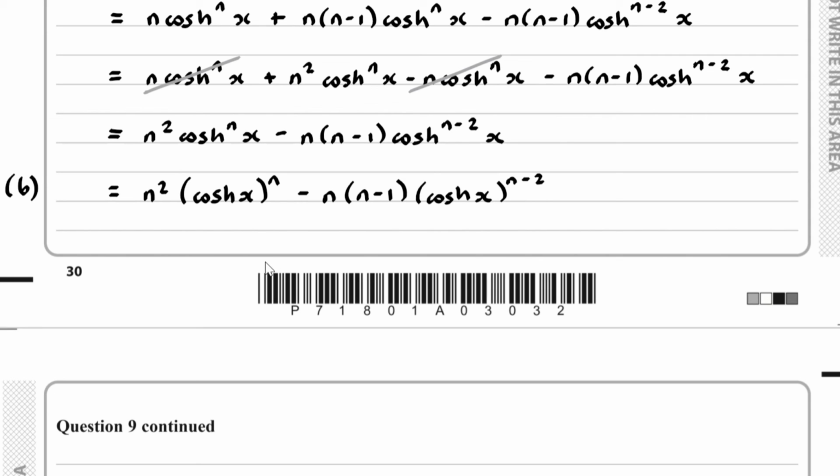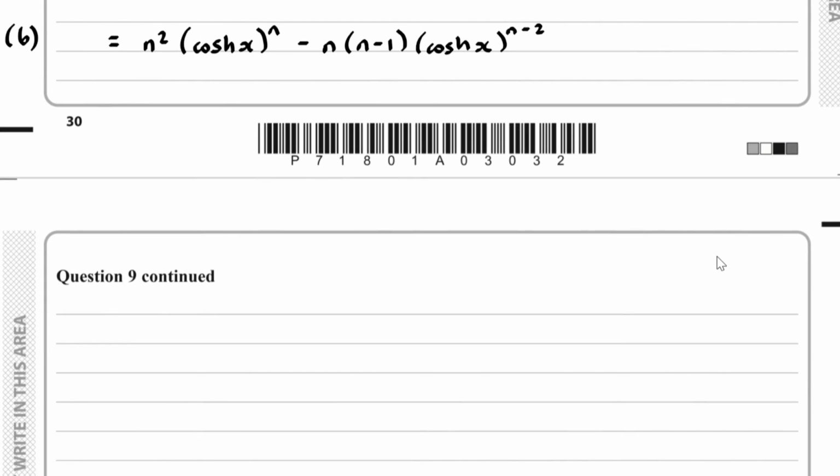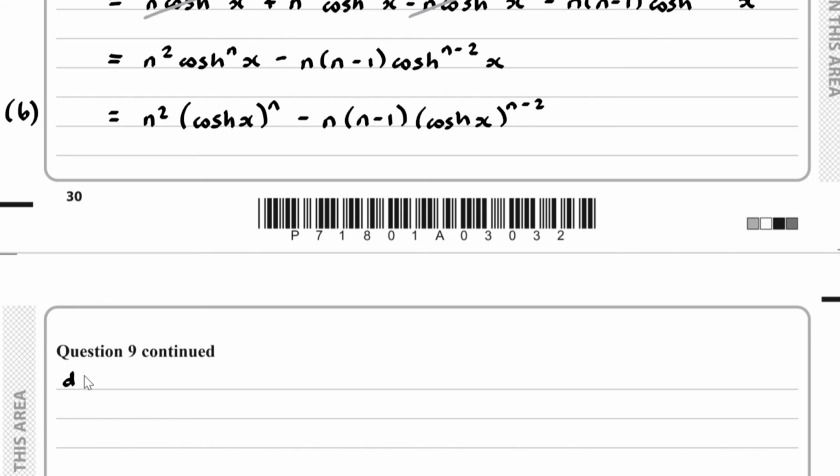So what I need to do now is differentiate this, and so if we differentiate, well, d cubed y over dx cubed, that's equal to, well, if I differentiate, I times by the power, so I have n cubed times cosh x to the n minus 1, and then I times by the differential of the bracket, which is sin x.